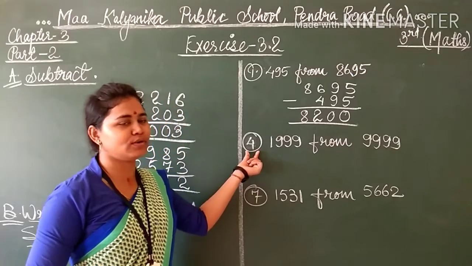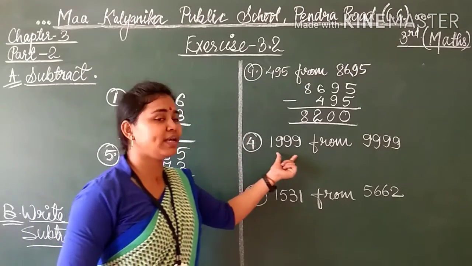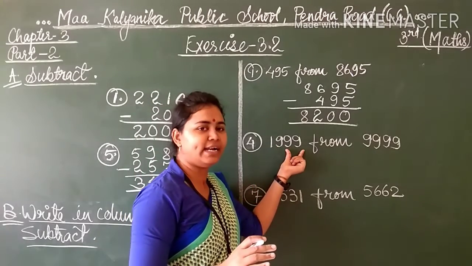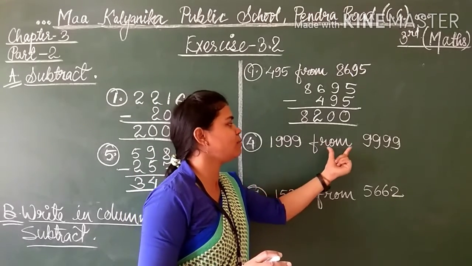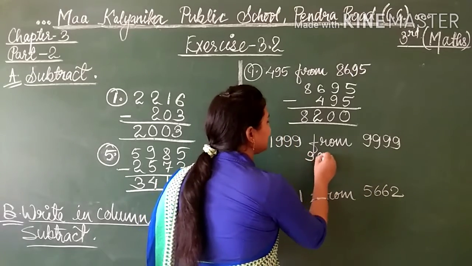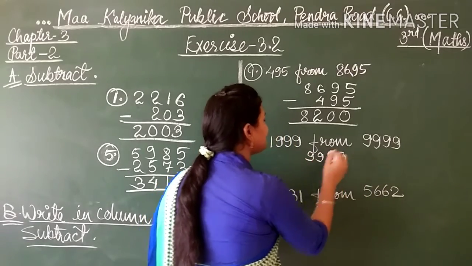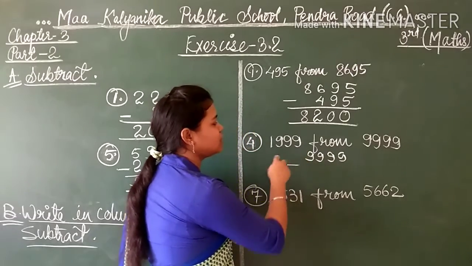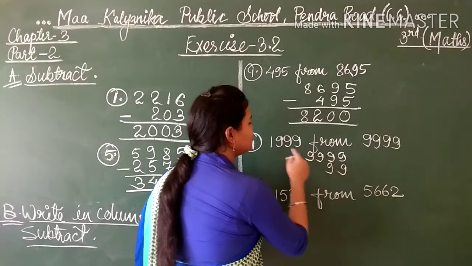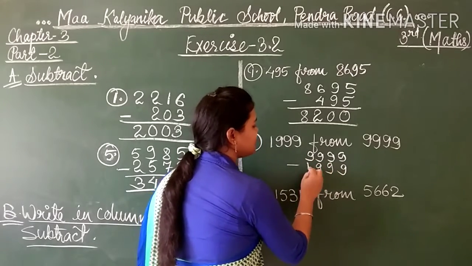Question number 4, B4. You can see from your book. 1999 you have to subtract from 9999. So first you will write 9999 minus this number. Starting from the left side, first 9, then one more 9, then one more 9, then 1.